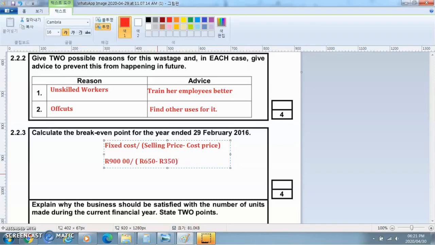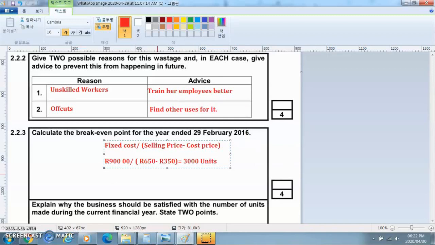You are more than welcome to stop the video and go through the workings in your calculator. Okay, ready? So the answer now is what? The answer is 3,000 units. So that's the final answer here.